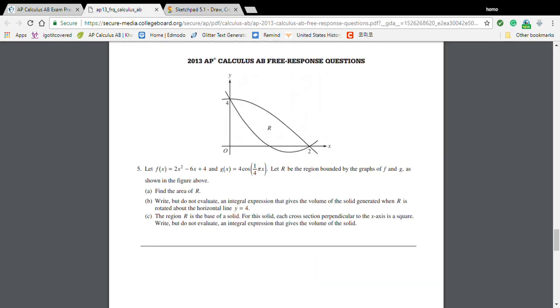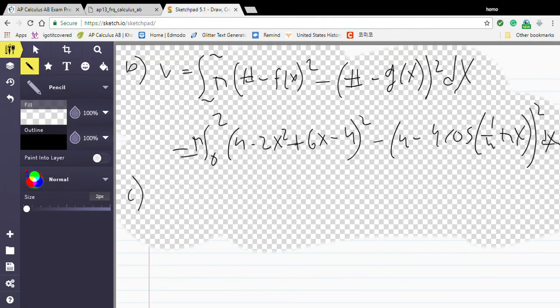Part C, since the region R is the base of a solid, for this solid its cross-section perpendicular to the x-axis is a square. But do not evaluate an integral expression that gives the volume of the solid. So we have to find the volume of the solid with square cross-sections.